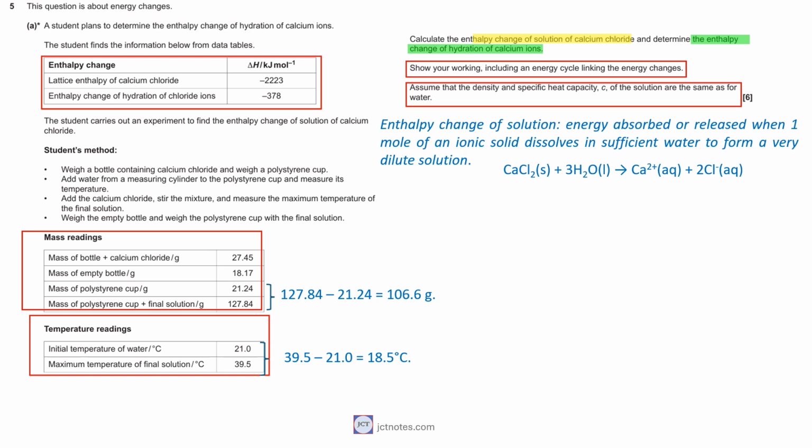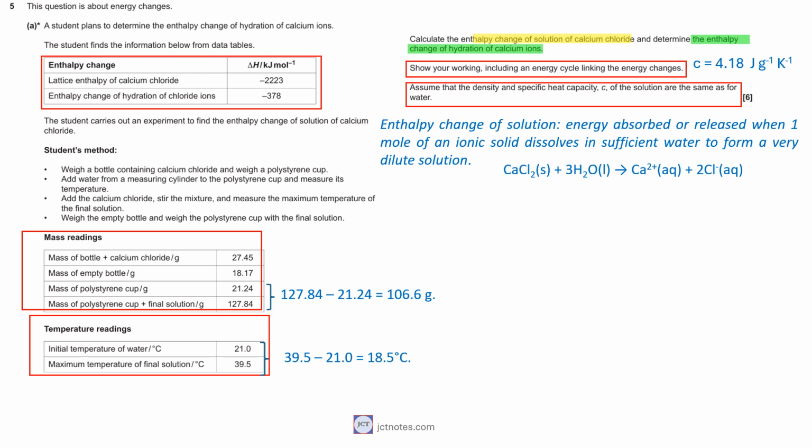The mass of solution is 127.84 minus 21.24 equals 106.6 grams. As we assume that the density and the specific heat capacity, C, of the solution are the same as for water, we can find in the data sheet from the exam that C is equal to 4.18 joules per gram per Kelvin.